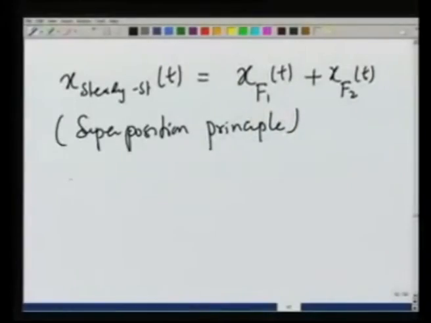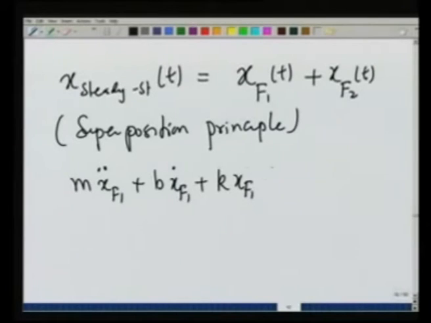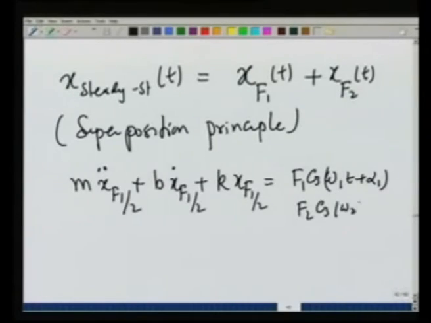You can substitute it back and see, because the equation m x f1 double dot plus b x f1 dot plus k x f1 is equal to F1 cosine omega 1 t plus alpha 1 is satisfied, and for 2, F2 cosine omega 2 t plus beta is satisfied. Therefore, the sum satisfies the equation with the right hand sides added.